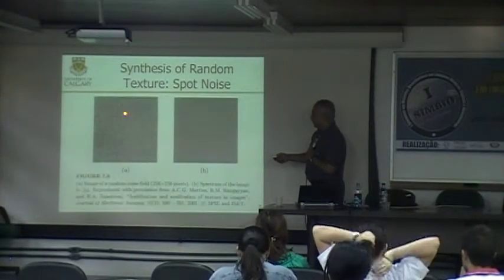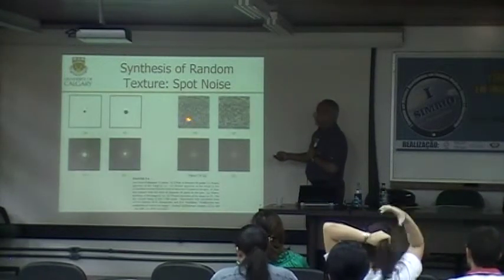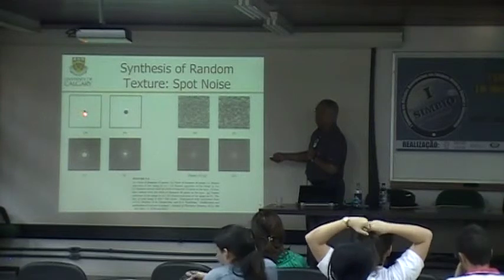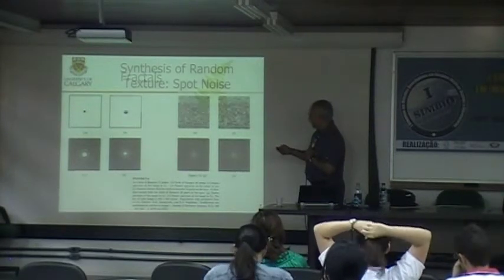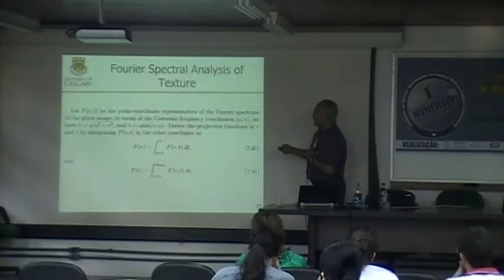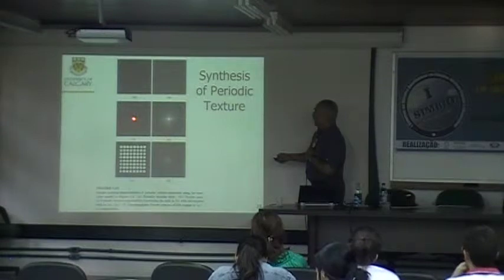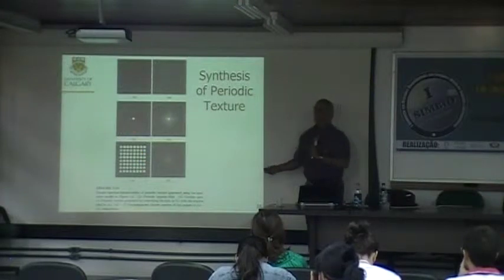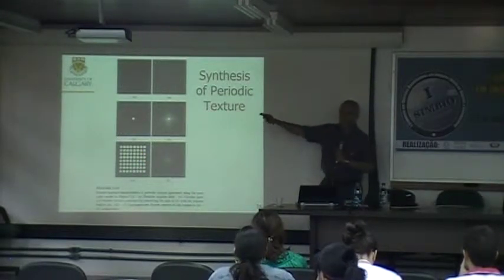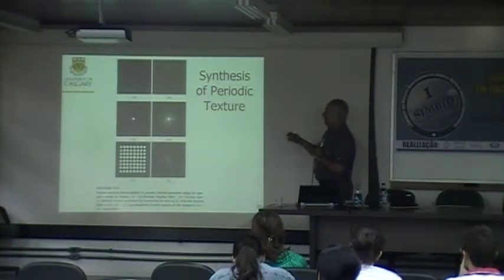But the input there was random, which gave random texture for this system, texture element. Now, for the same input, same system, texture element, the input is not random, it is structured. And the output is periodic texture. This is a very basic model, but the illustration conveys the idea.